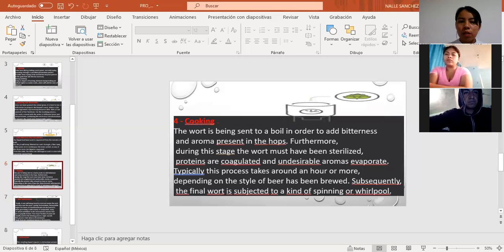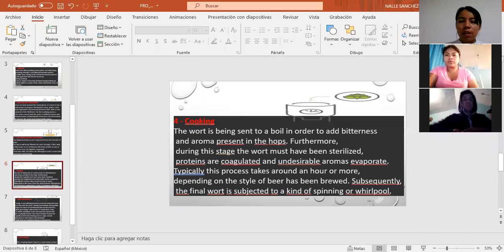Point 4. Cooking. The wort is sent to a boil in order to add the bitterness and aroma present in the hops. Furthermore, during this stage, the wort is sterilized. Proteins are coagulated and undesirable aromas evaporate.